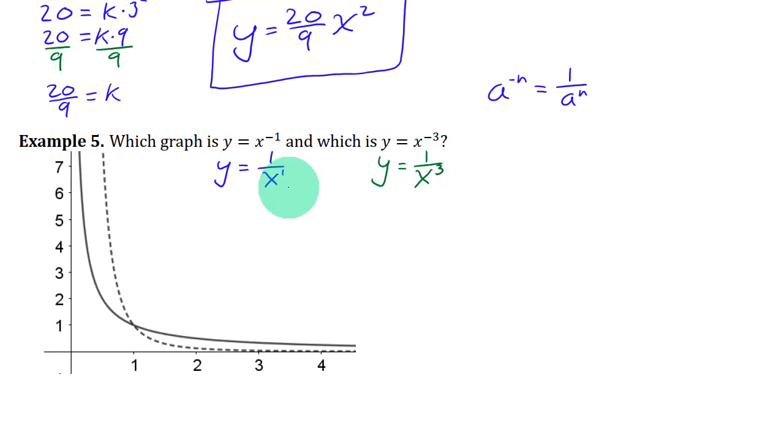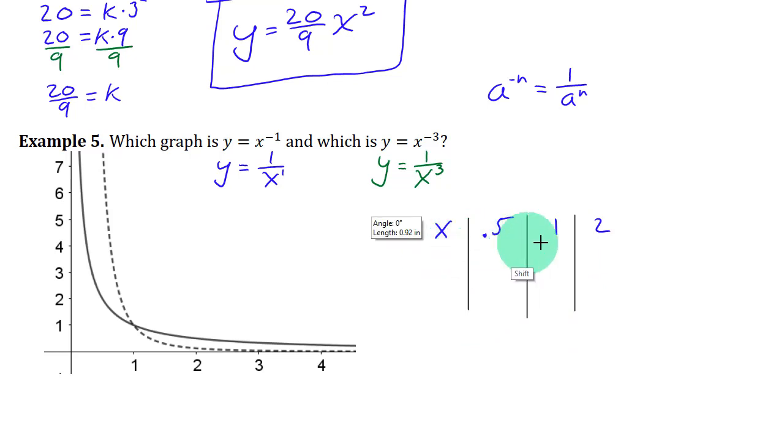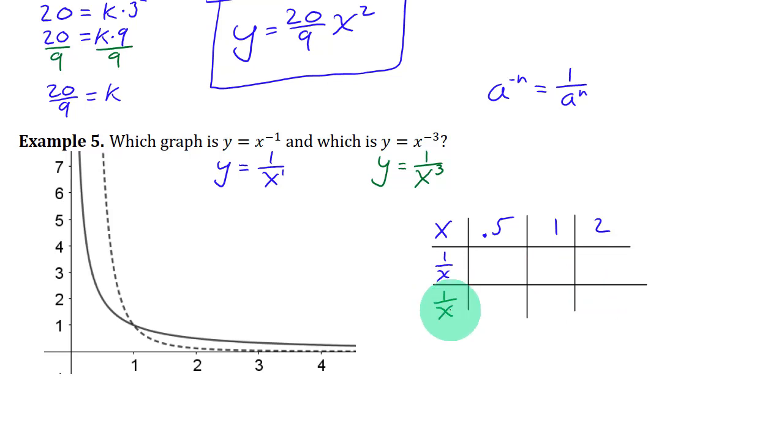Let's see how the 1 and the 3 affect the shape of the graph. To figure that out, let's just plug in some numbers, like x equals 0.5, 1, and 2. We'll see what happens to 1 over x and also to 1 over x to the power 3.